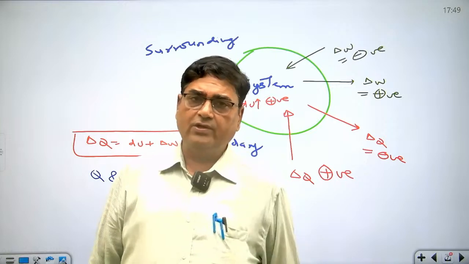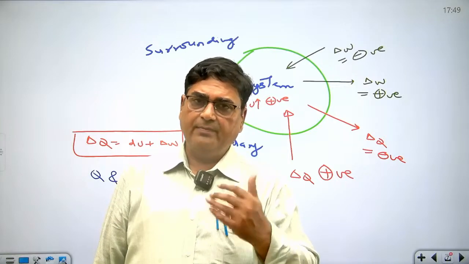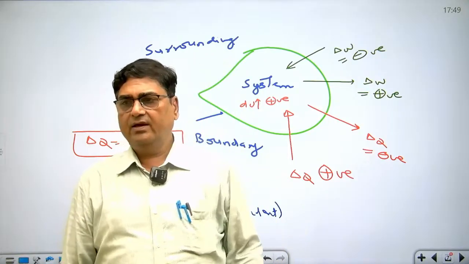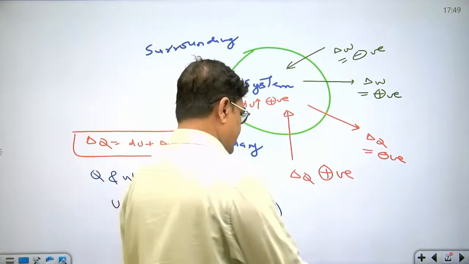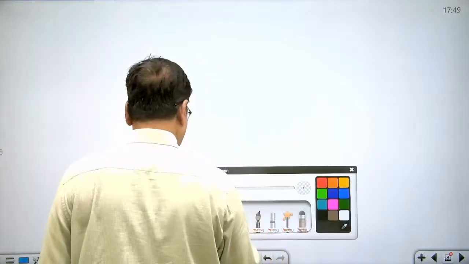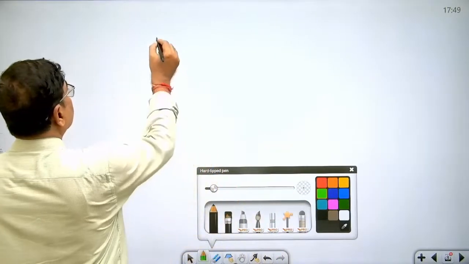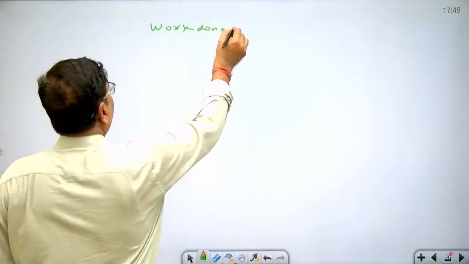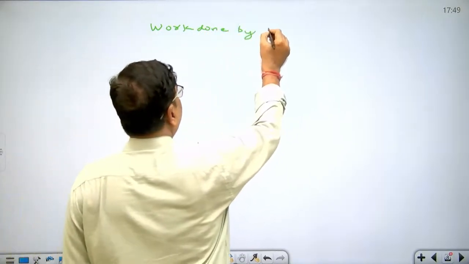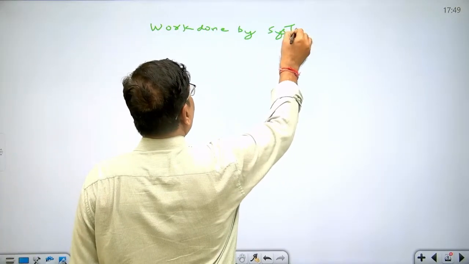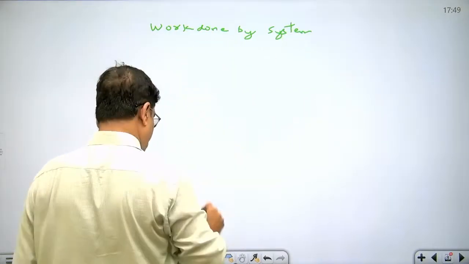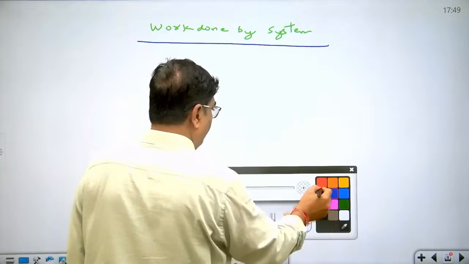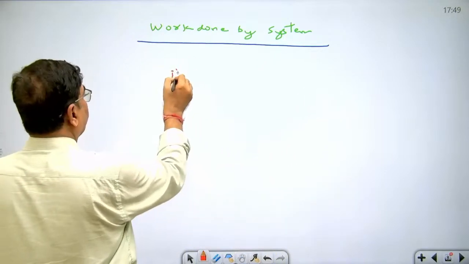Now, dear students, we will talk about work done in many thermodynamic processes. Let's start from the isobaric process. We are calculating work done by the system, meaning by the gas, and simultaneously we will apply the first law of thermodynamics also.